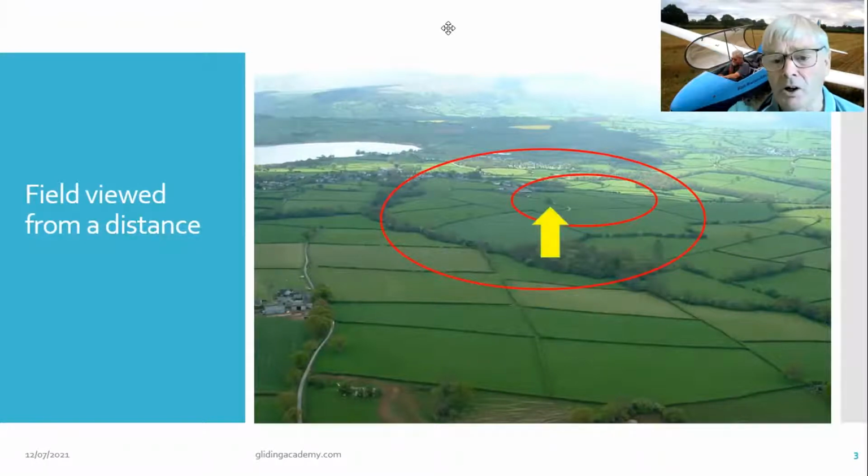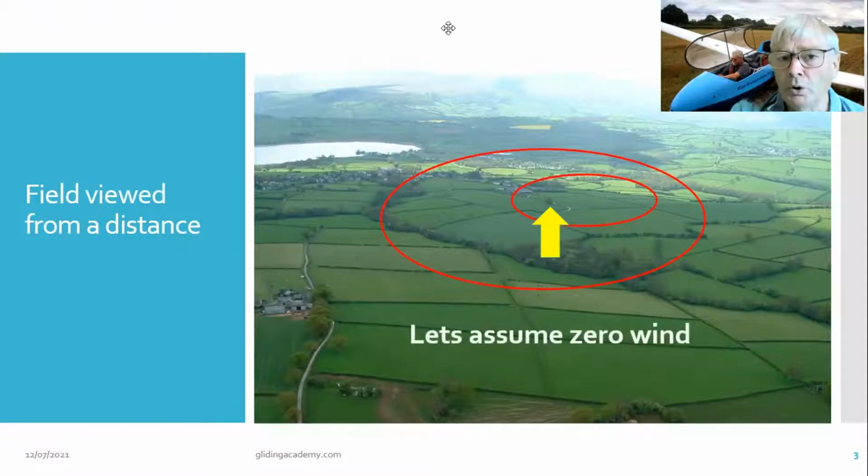So this tree marks the field in particular that we're looking at. We'll also assume that there's no wind. So wind isn't a factor when we're deciding what direction and what sort of approach to make into our field.